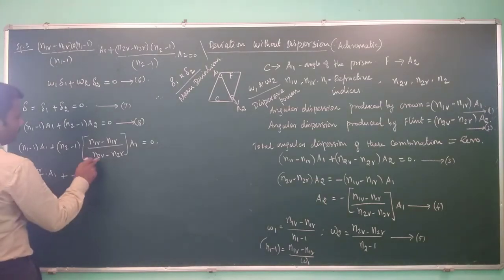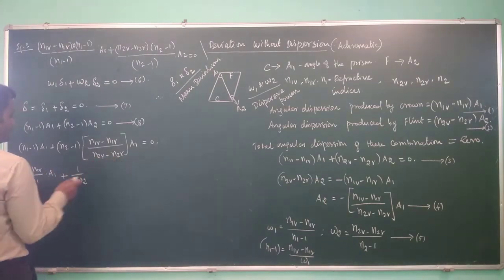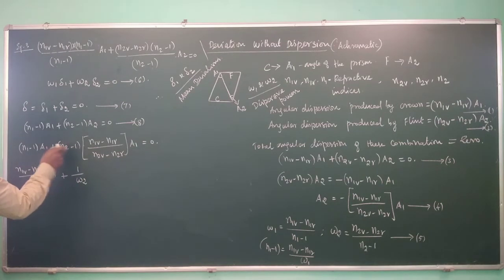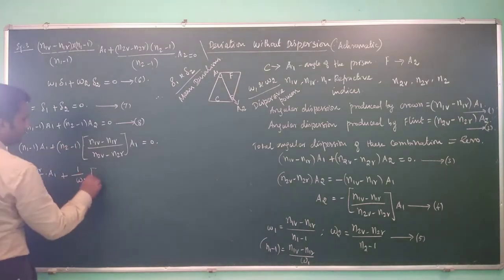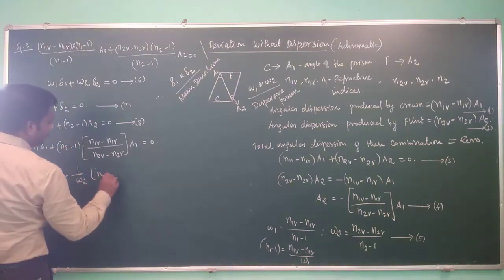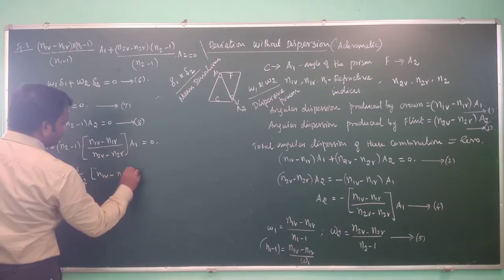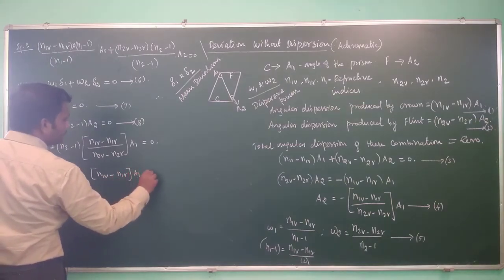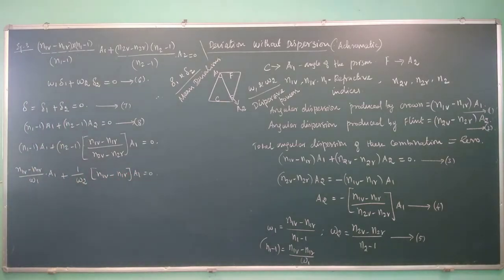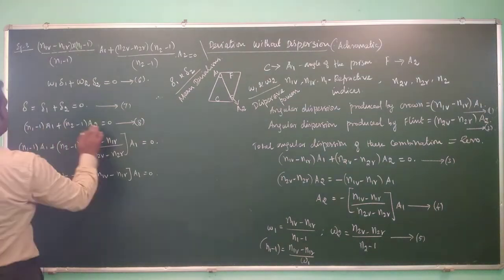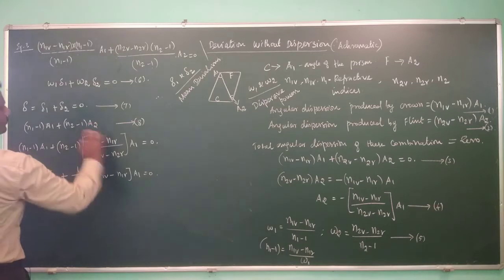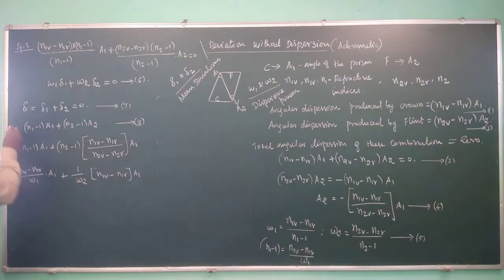What is remaining? N1V minus N1R into A1 is there, equal to 0. Not equal to 0, right? It's delta.